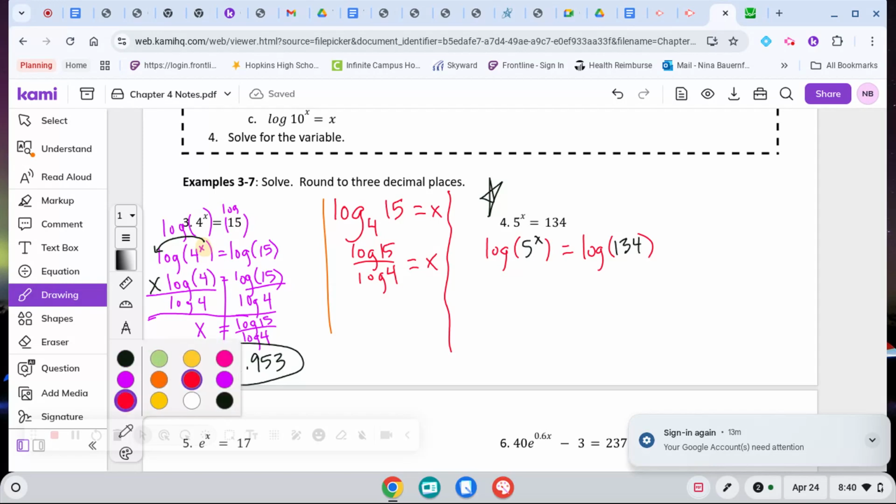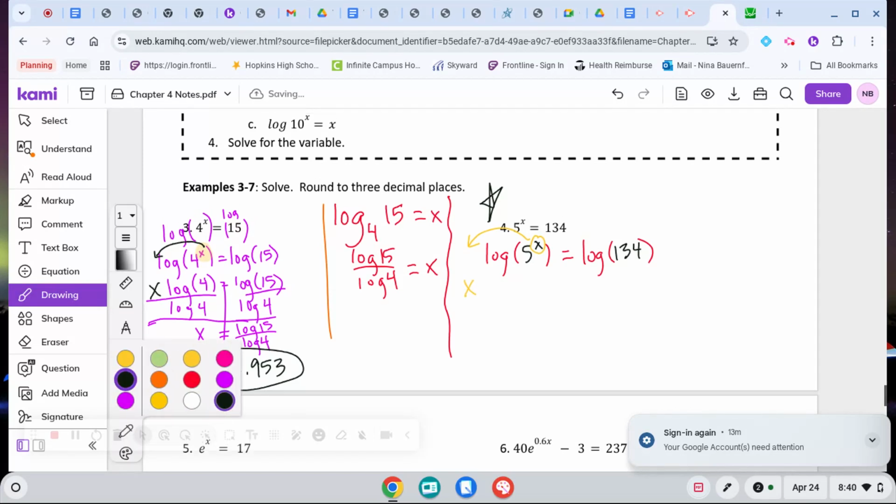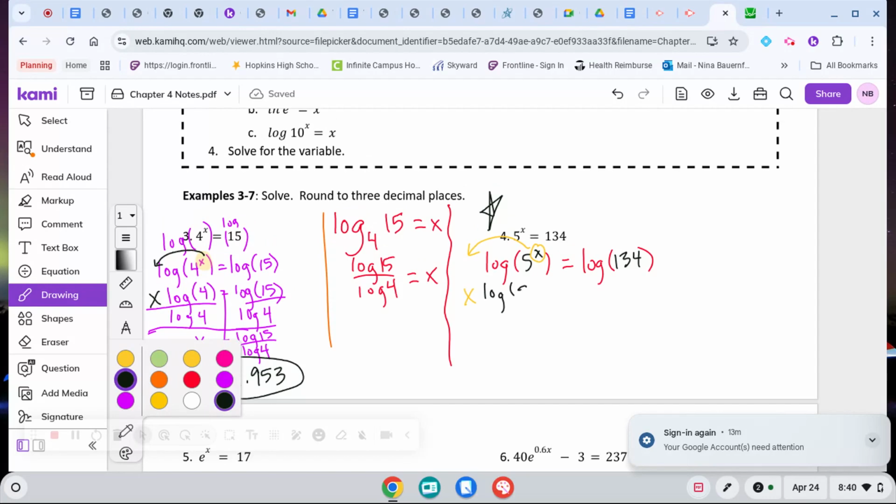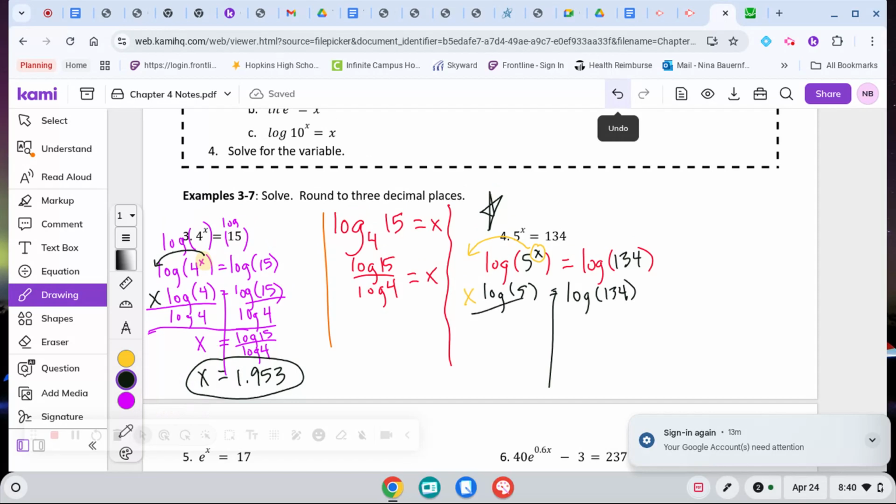Then what we can do is take this and bring it out, and we get x times the log of 5 equals log of 134. Then we can drop our line and divide by log 5 on both sides. When you type that in, if you round to 3 decimal places, you get 3.043.